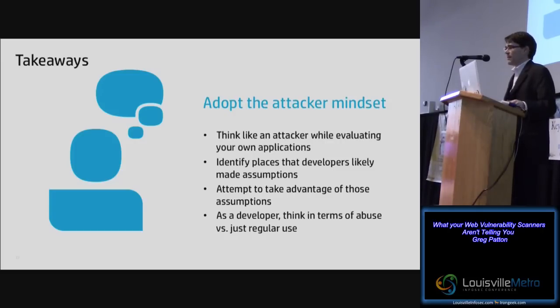And this is particularly evident with various logic flaws. You should identify places where developers might make assumptions, where they might assume that a process flows 1, 2, 3. And try it. See what happens if you go 1, 2, 4, or 1, 4, or 1, 3. The old analogy, think outside the box. Don't just think of how the application is intended to be used, but think of various ways that an application could be abused.